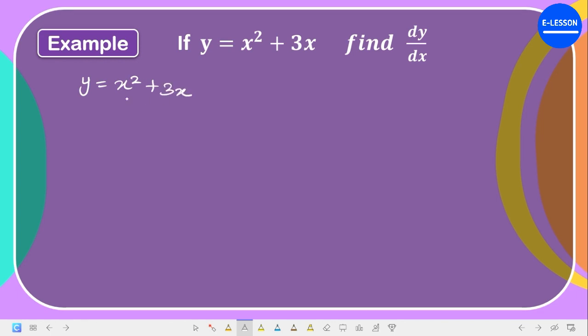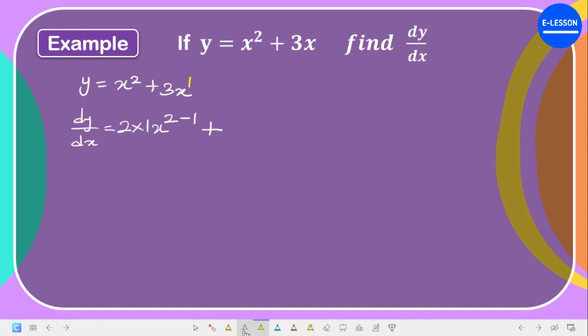What do we do? We differentiate each of these as if they are standing alone and then sum them as they are. So this will give us dy over dx is equal to, if you differentiate x squared, there's a visible 1 here, so this becomes 2 times that 1 x, then subtract 1 from the power, 2 minus 1, plus, of course, you know that 3x standing on its own means 3x raised to the power of 1.